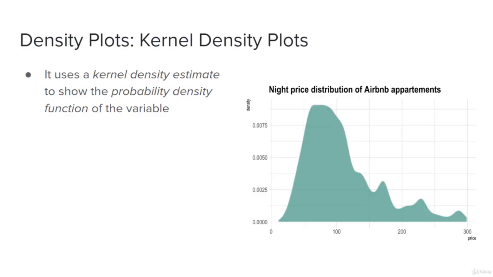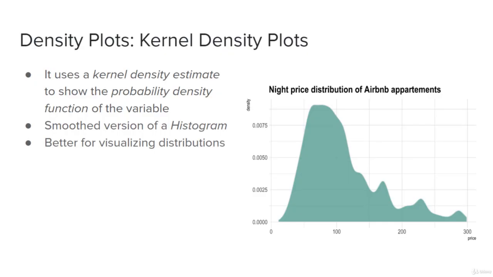It's going to tell us how probable it is for the $100 price to occur in this data set. It is also known as the smoothed version of a histogram, since we're not grouping values together into different groups. We're just using them directly, but the shape is similar, as we will see now.